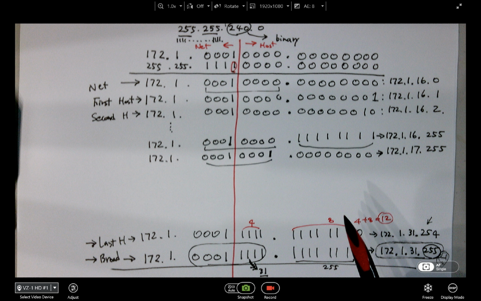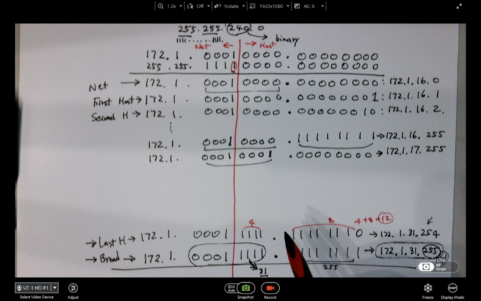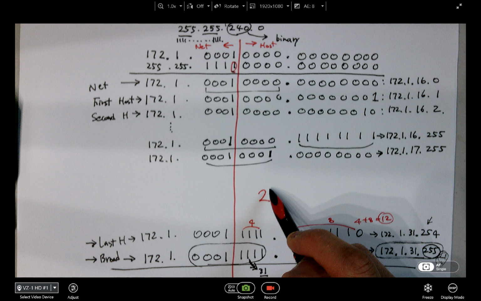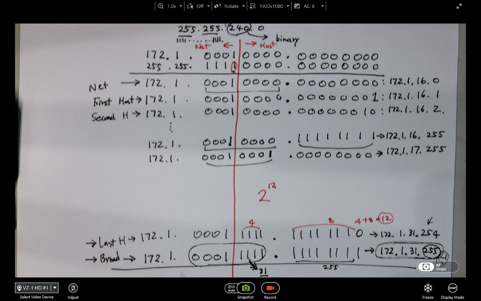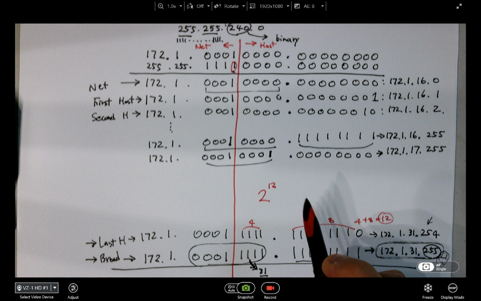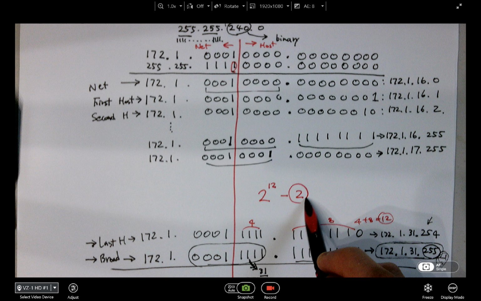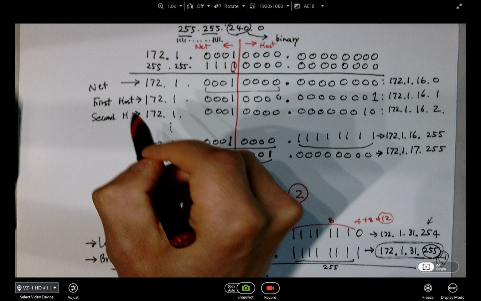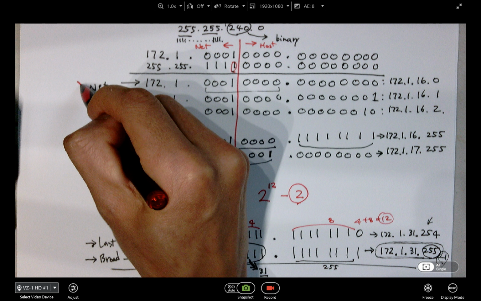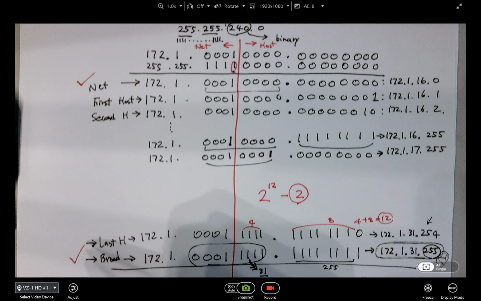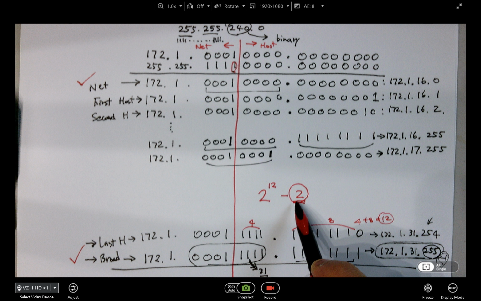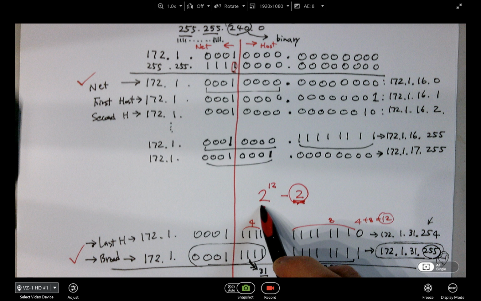So the number of possible usable host IP addresses is 2 to the power 12, and then minus 2. Why minus 2? Because you need to exclude the network address and the broadcast address. So that's why you need to subtract 2 from this number.